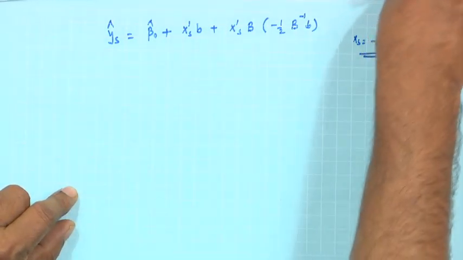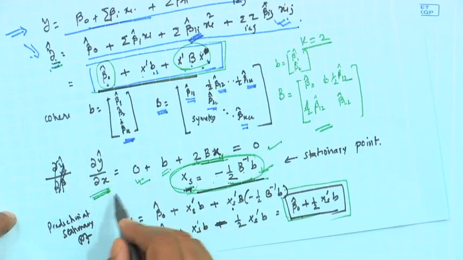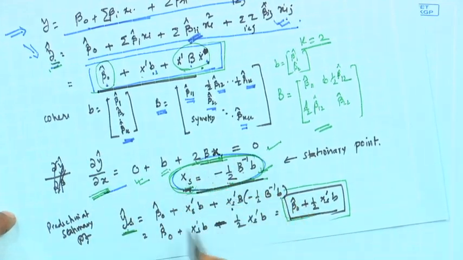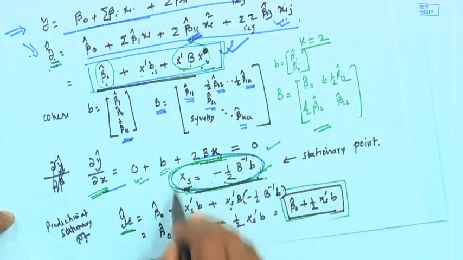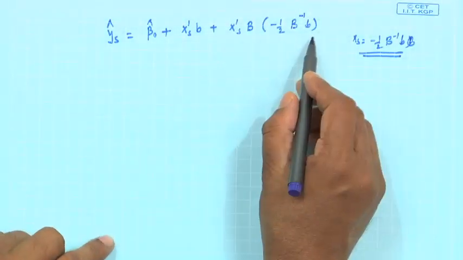So, this we have seen. We have seen that at this equal to 0, x s equal to this. Now, in this formula we put x s equal to this value, and then you are getting like this.